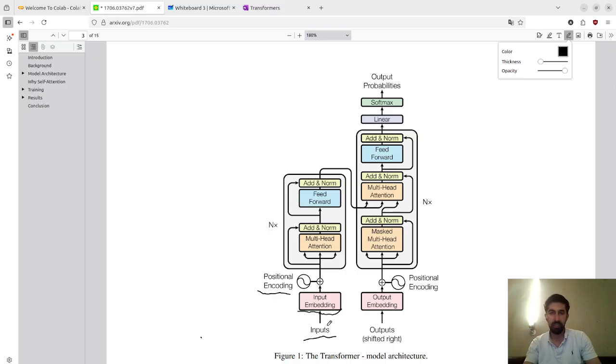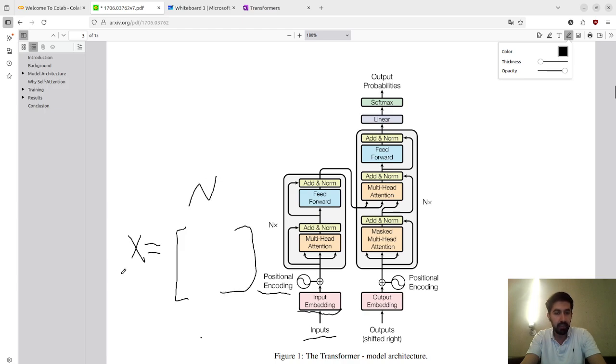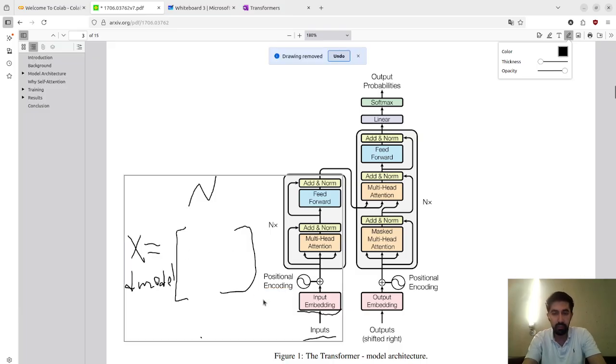We look up a dictionary, inject it into a fully connected neural network, and then we get our X matrix of size n words by d_model, and d_model is around 512, as I explained earlier in the original paper. Then we add positional encoding, sine and cosine, like I just said.